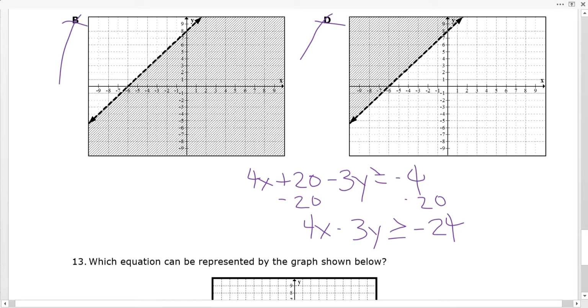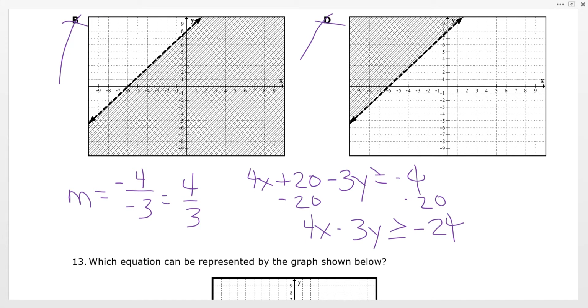And I know that my slope is going to be positive because my slope is going to be -4 over -3, which is going to be 4 over 3. And my intercepts are going to be, if I cover up y, x is going to be -6.